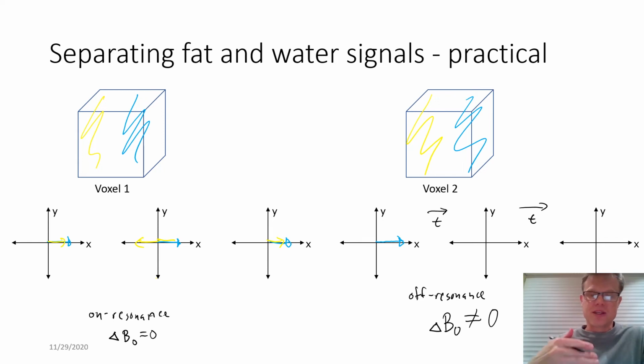It's going to accumulate some phase because it's not perfectly on resonance, so it might accumulate a little phase over time. The fat is going to accumulate this little bit of extra phase plus something else.